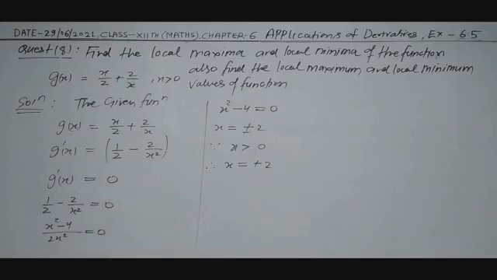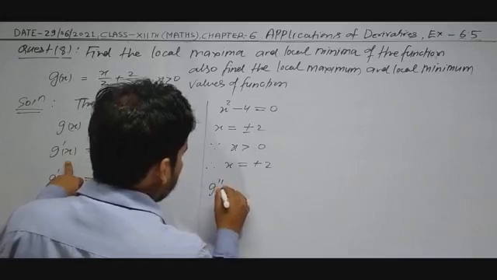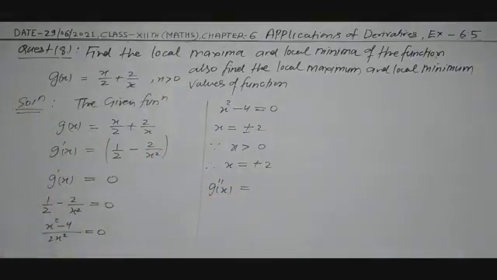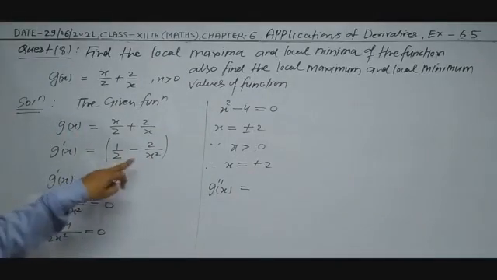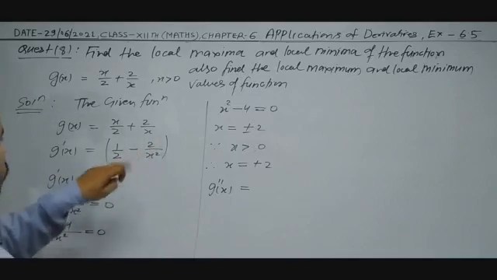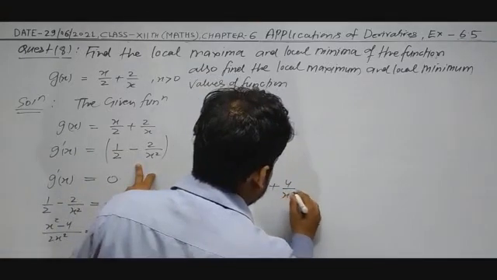So now differentiate again. G double dash x, what will be its result? This result will be 0 and this result will be minus 2 by x cube, means plus 4 by x cube. So 0 plus 4 by x cube.